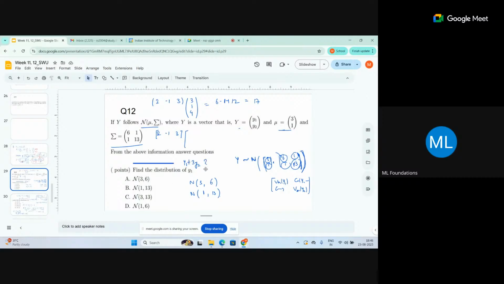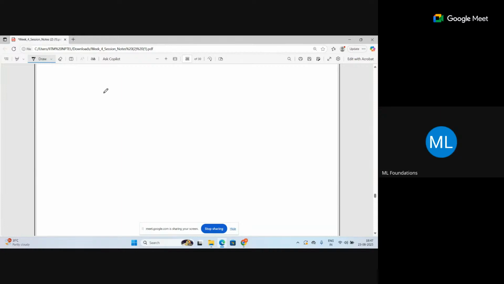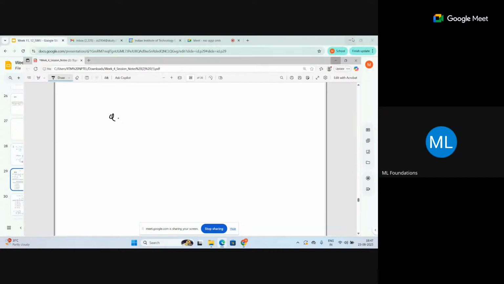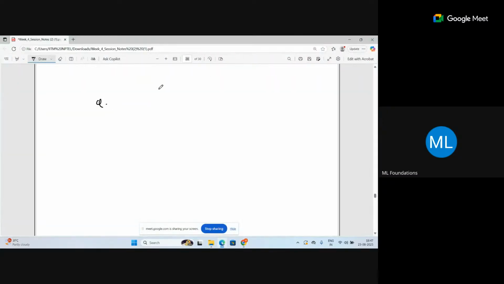But what about the distribution of y1 plus 3y2? So the question here is this one. Then mu is 3, 1 and sigma is given as 6, 1, 1, 13.